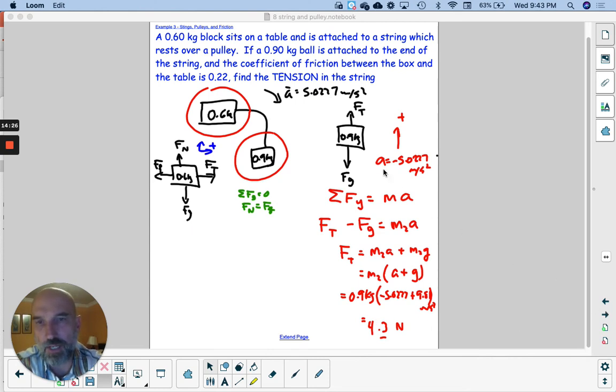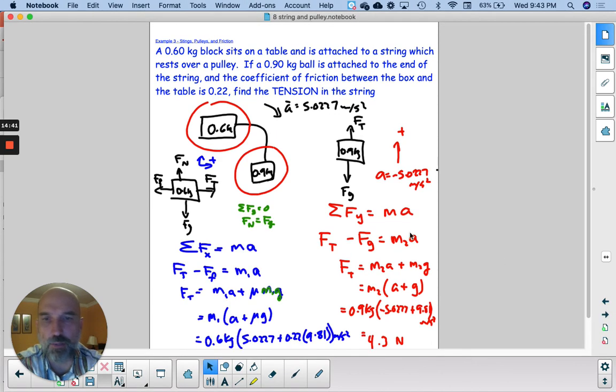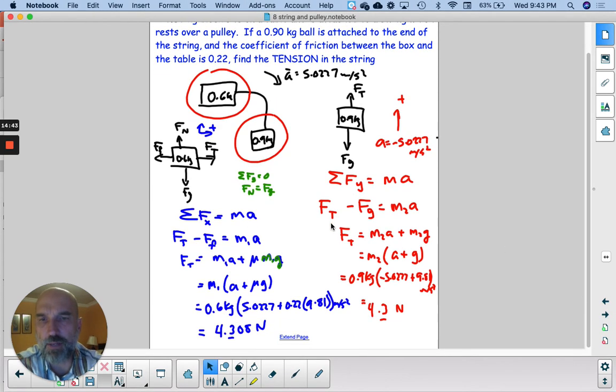Can also take a look at doing it over here where we've got a force of tension and a force of gravity and a force of friction. We have one extra force here, so it's a little bit more work, but it can be done. In this case we would say, all right, F equals ma. What forces do we have?